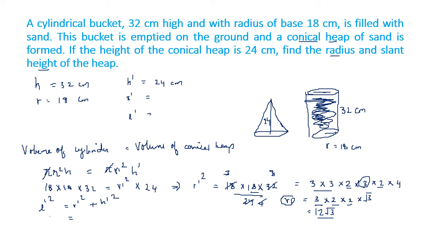We have 12 root 3 the whole square plus h prime square is 24 the whole square. 12 root 3 whole square is 144 into 3. It is 432 plus 24 square is 576.